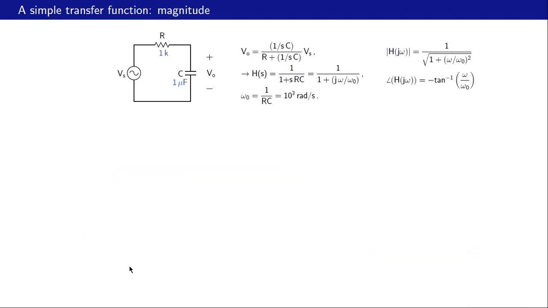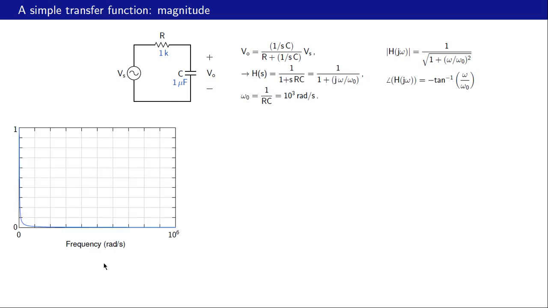Let us now look at how H varies versus omega, and that is given by this relationship. We are talking about the magnitude of H right now. Here is a plot. The x-axis is omega in radian per second. This is omega equal to 0. This is omega equal to 10 raised to 6.